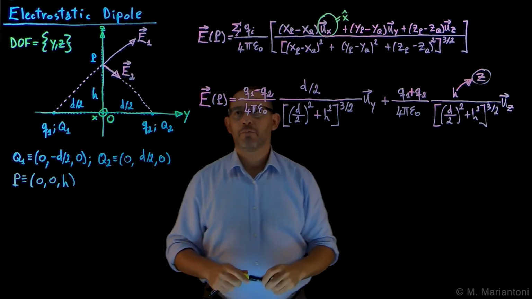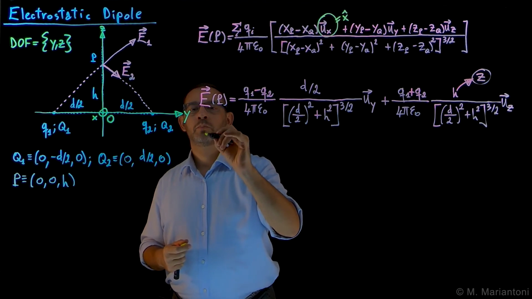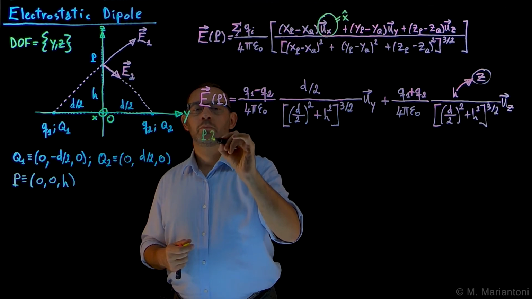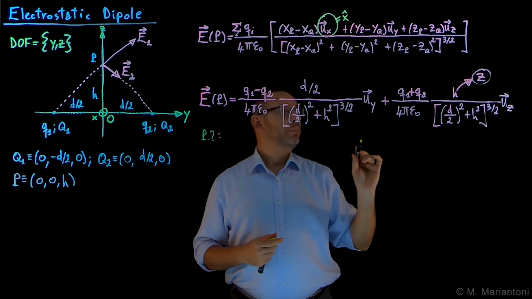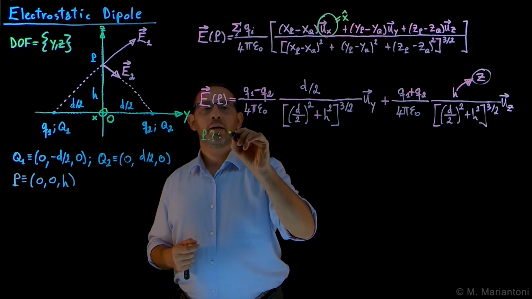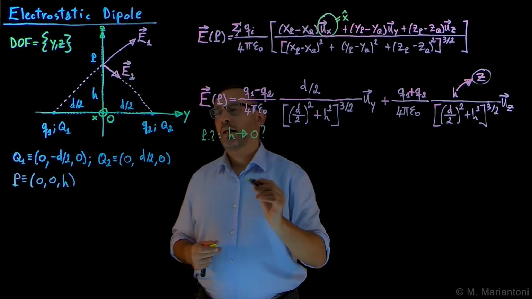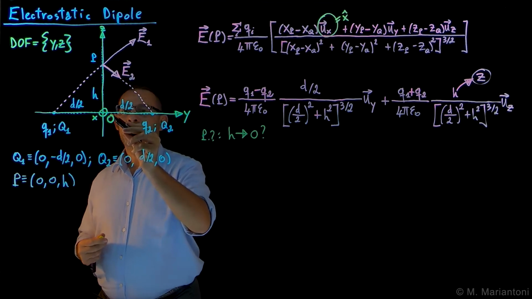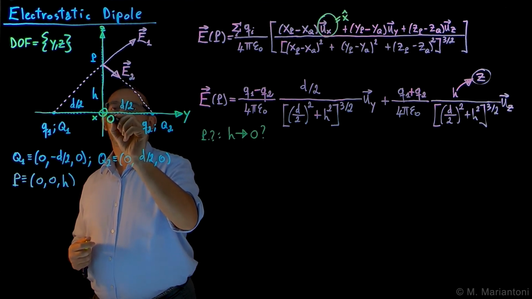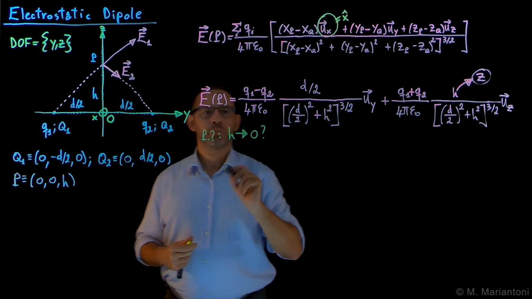Now the first question I have for you for Piazza is what happens when h goes to 0? In other words, what happens when we attempt to calculate the electrostatic field right at this point here? That's one question.